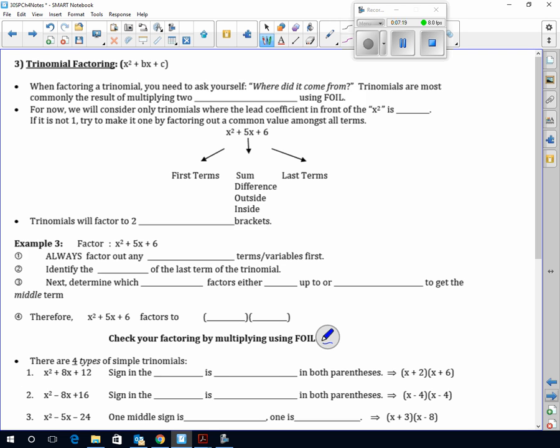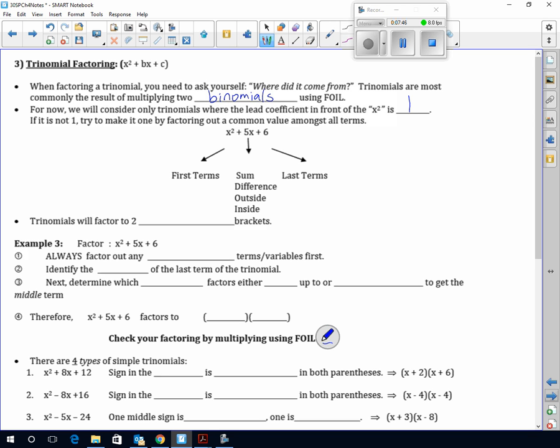And most of you learned to multiply two binomials together using the FOIL technique. For now, we will consider only trinomials where the leading coefficient in front of the x squared is 1. Those were the easiest ones, right? If it is not 1, try making it 1 by factoring out a common value.